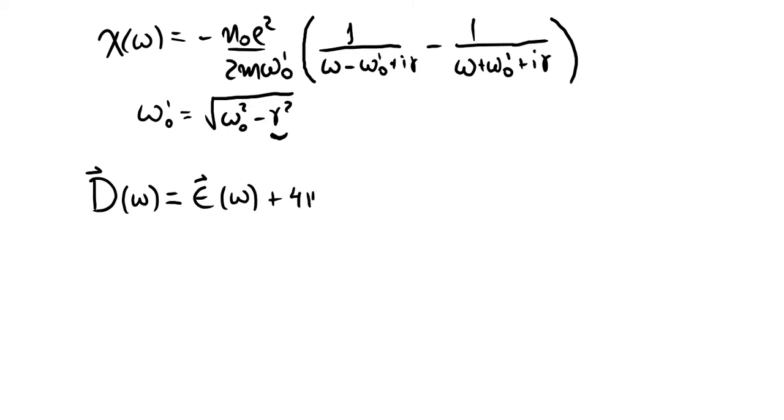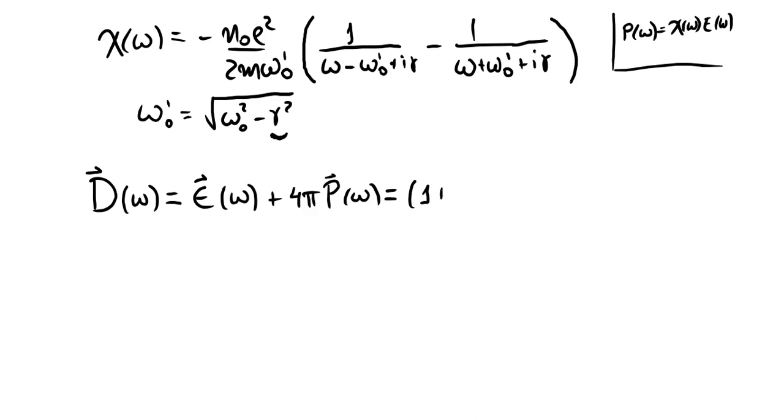So I should put something like 4 pi multiplied by these dipoles, and this is 4 pi in CGS units, right? And because I just found that I can write P of omega as a susceptibility multiplied by the electric field, I can rewrite this as 1 plus 4 pi chi of omega, multiplied by the field.